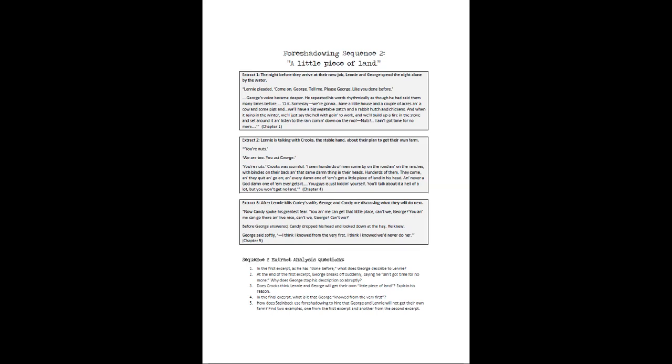So you can see from this sequence of extracts that the little piece of land that George and Lenny are always talking about is foreshadowed all the way through, and the loss of that dream is foreshadowed all the way through. We can see when Crooks says, "You're kidding yourself." We can see, "You talk a hell of a lot, but you won't get no land."